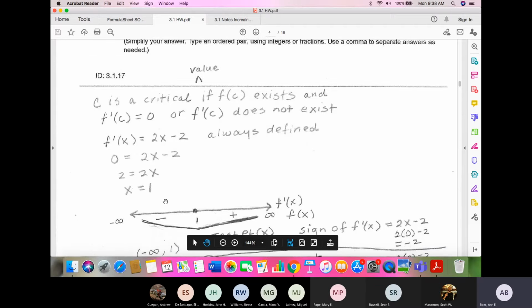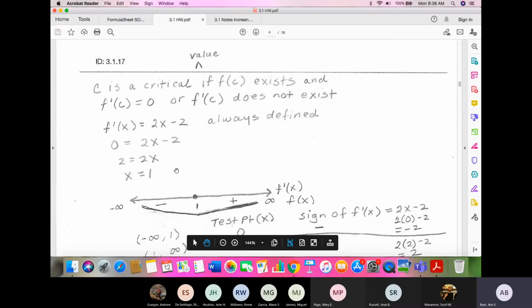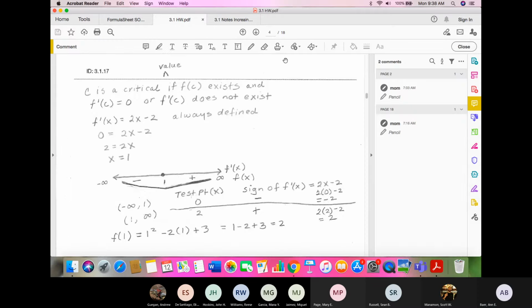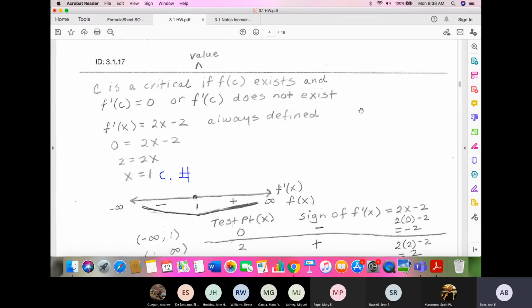So we get x is equal to 1. That's our only critical number.